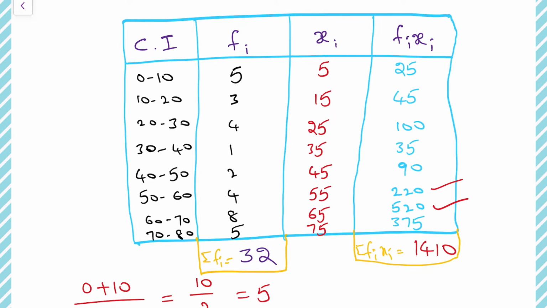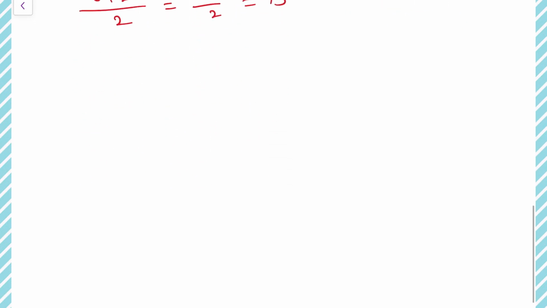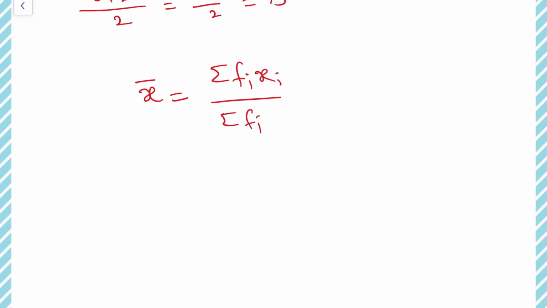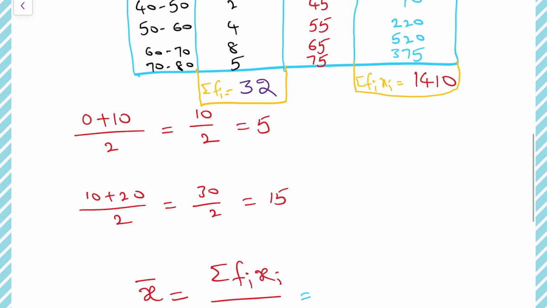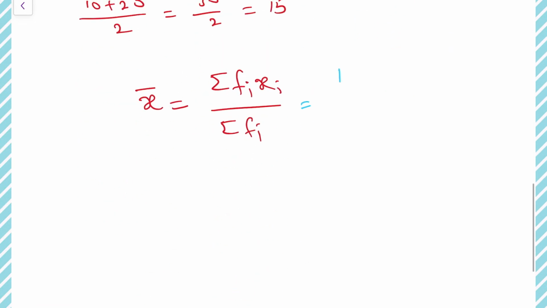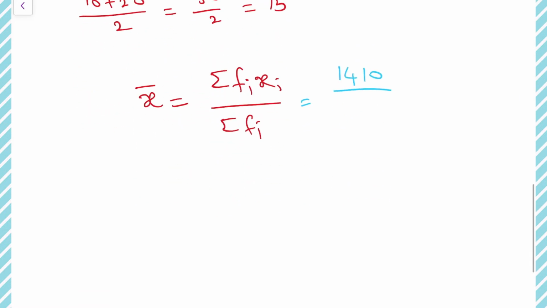Now let us write the formula to find the mean by the direct method. The mean by direct method formula is x bar equals sigma fi xi divided by sigma fi. Here x bar is the symbol representing the word mean. Sigma fi xi is 1410, and sigma fi is 32.